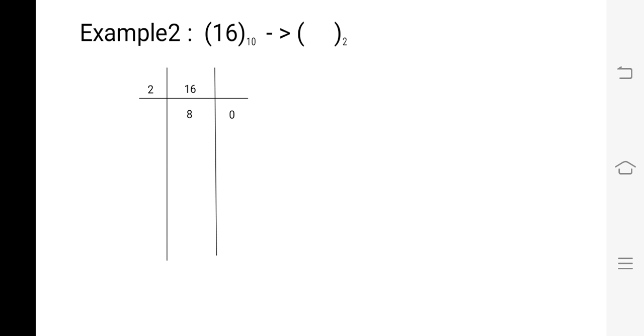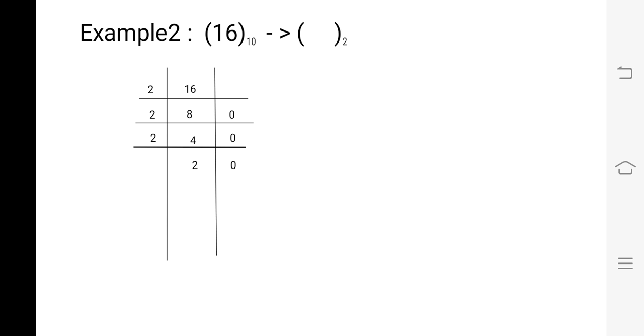Now 8 is greater than 2, so we again divide 8 by 2 and get quotient 4. 2 multiplied by 4 equals 8. 8 minus 8 equals 0. 4 is greater than 2, and it is also an even number, so quotient 2 will come. 2 multiplied by 2 equals 4 and the remainder is 0. So we note down the remainder 0.